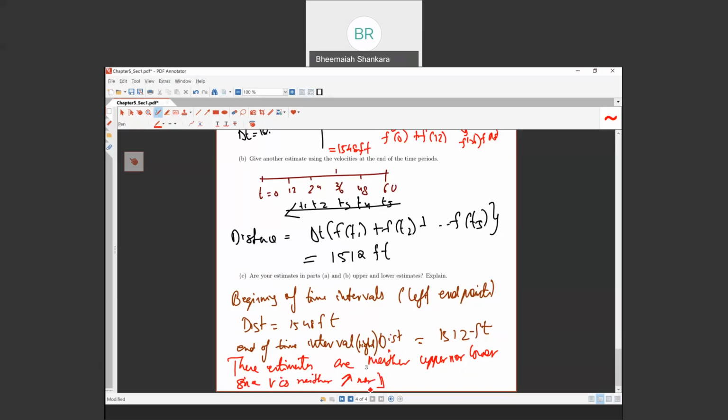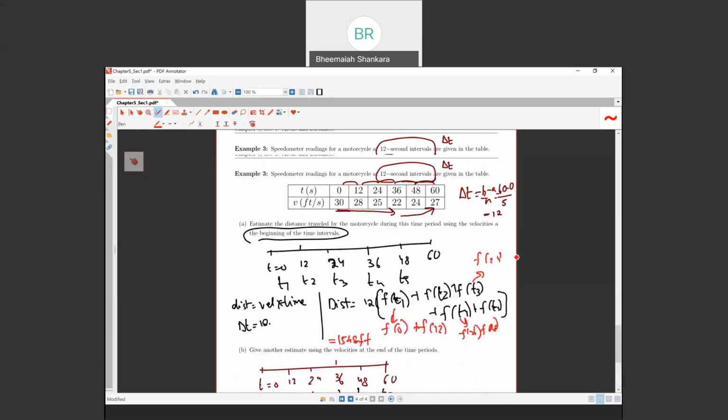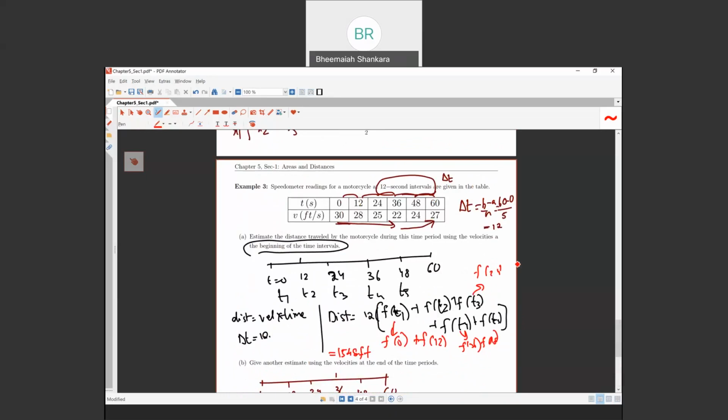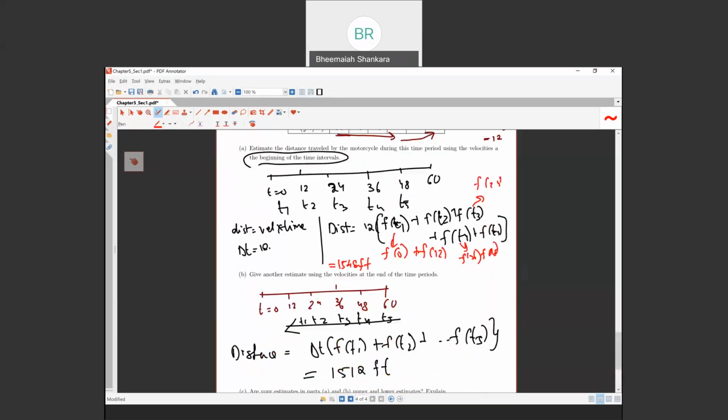So we saw in the table, the velocity v doesn't have a nice pattern, so you cannot conclude whether it's an upper estimate or a lower estimate.